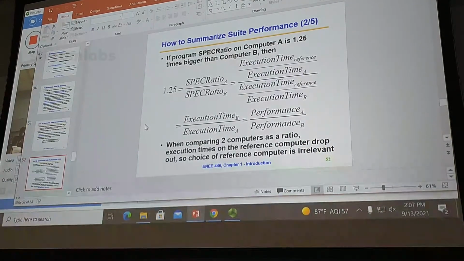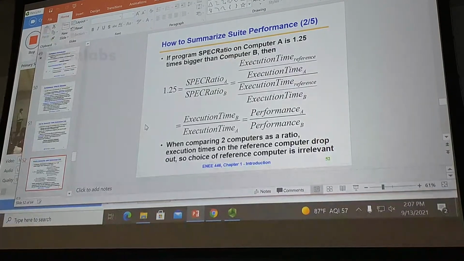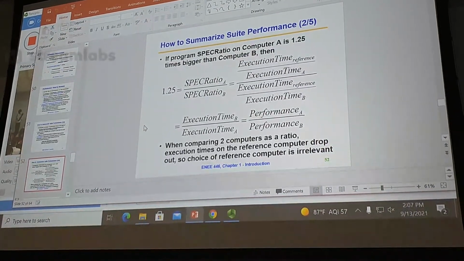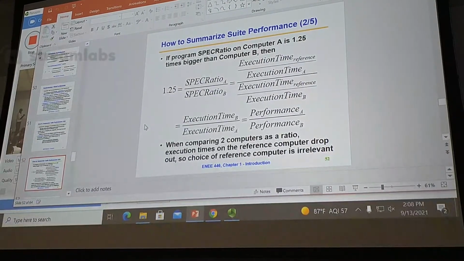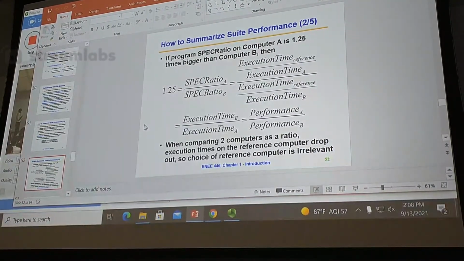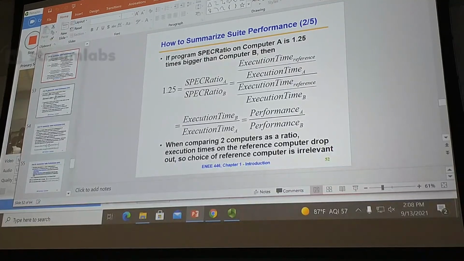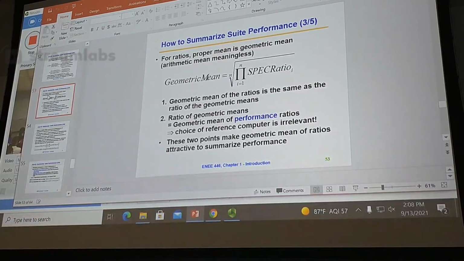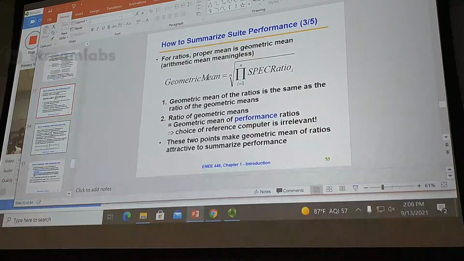And when companies like Intel and AMD release processors, they specify their SPEC ratio, as well as SPEC integer ratio and SPEC floating point ratio. Okay, I think we already talked about that.